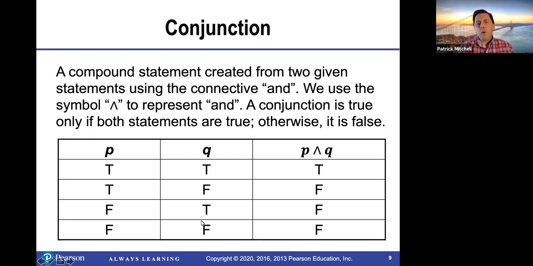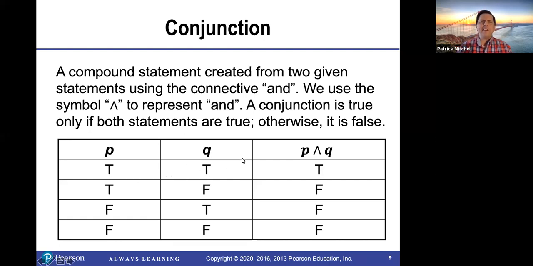So there are four possibilities for the true-false combinations of your two statements. Either they're both true, or first one's true, second one's false, or first one's false, second one's true, or they're both false, okay? And over here, it's showing that the conjunction, the and statement, is only true when both statements are true, okay?